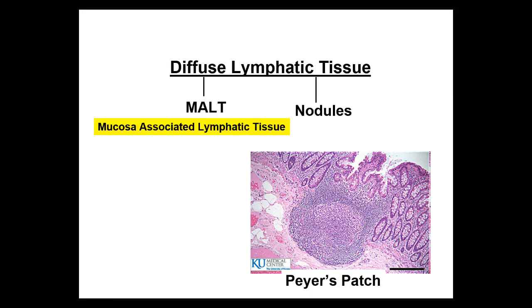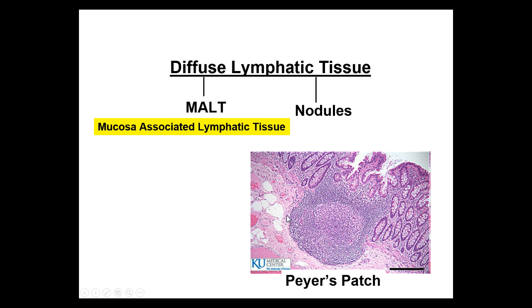So I'm going to say that a lot. When we talk about MALT, what we're talking about is in this connective tissue layer, just under the epithelium, or under the mucosa, you will find lots of lymphocytes and macrophages. That's what we consider MALT, just scattered all over.